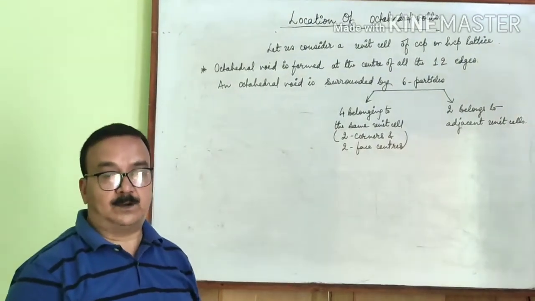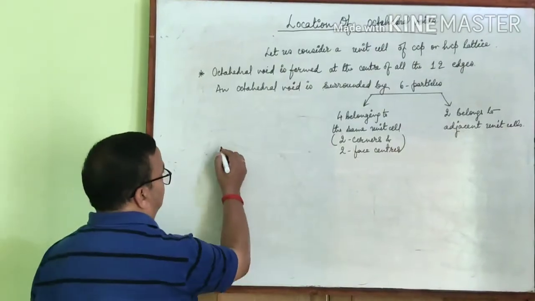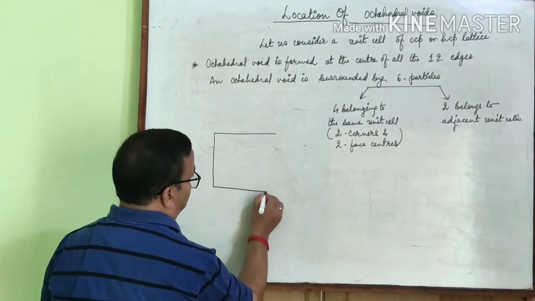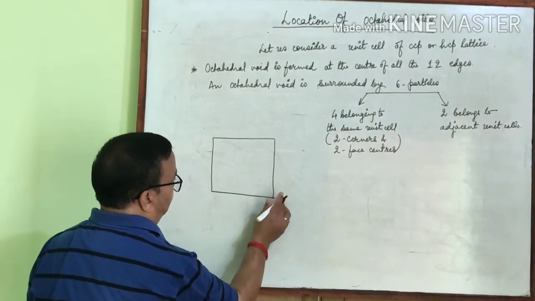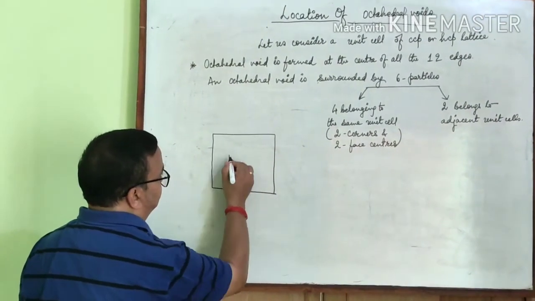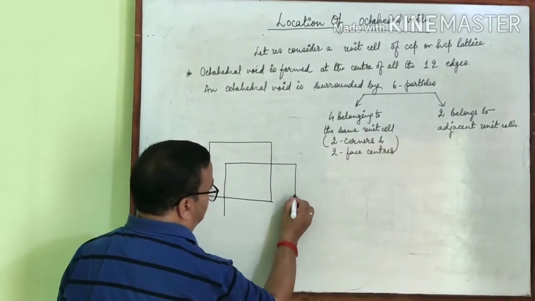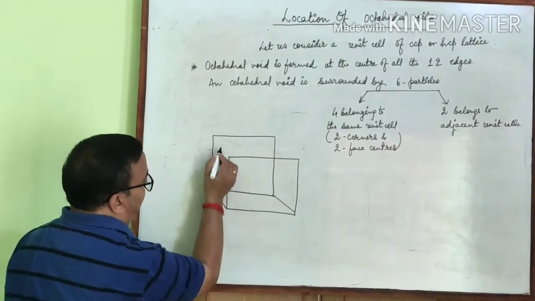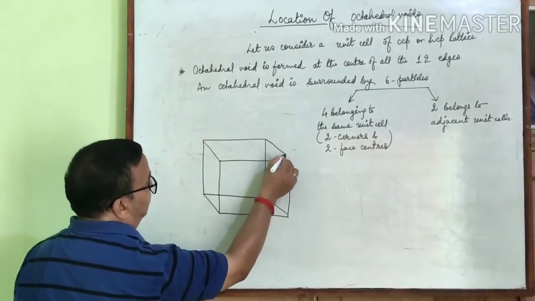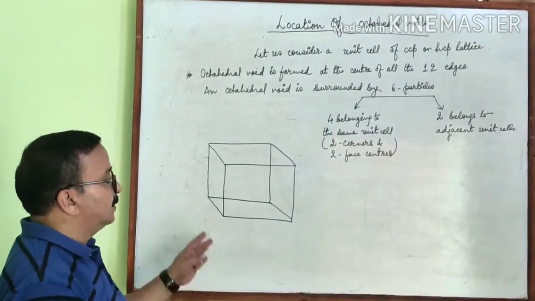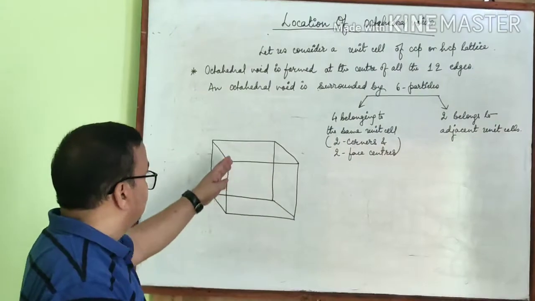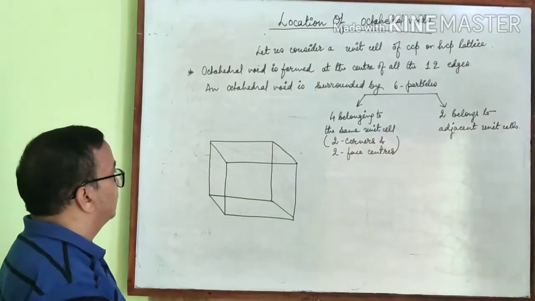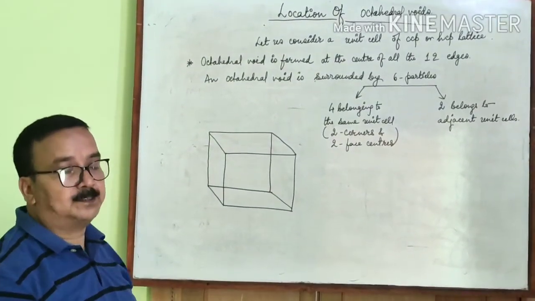To understand this one, again let us draw the structure. We are drawing the structure of a unit cell. In a unit cell altogether there are 6 faces, and we know that on these 6 faces, the constituent particles are present at the center of each face in an FCC lattice.